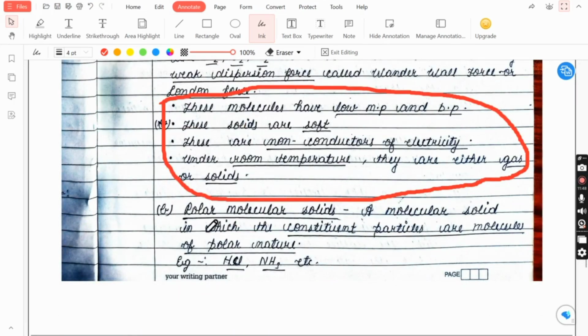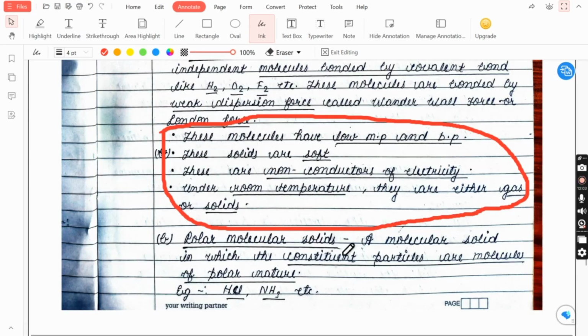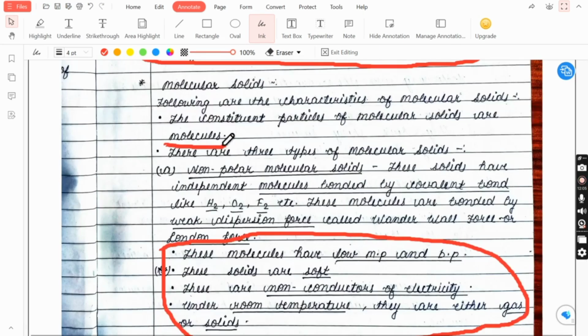Then again, another type of solid we have to read is polar molecular solid. The molecular solid in which the constituent particles are molecules and are of polar nature. So in a molecular solid, two types of thing can happen.